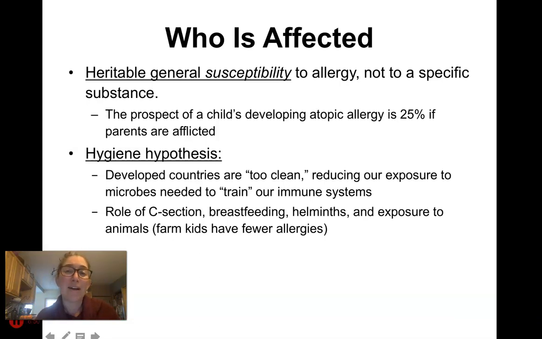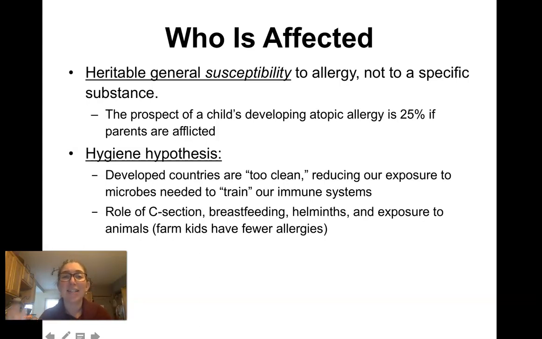Another pathogen that I'm going to point to specifically: we still get a lot of bacterial and virus exposure in developed countries. What we're really lacking in developed countries are helminths, worm infections. Developing countries still suffer a lot of worm infections, and they hardly have any autoimmune diseases.